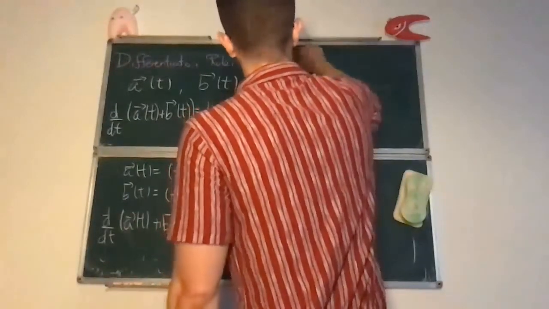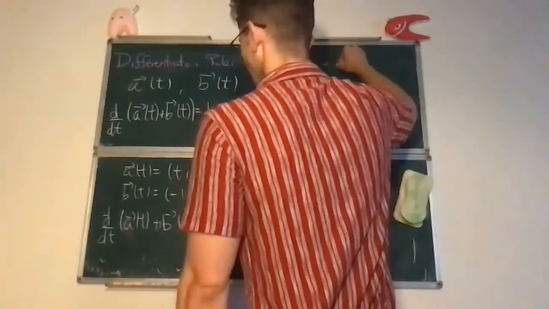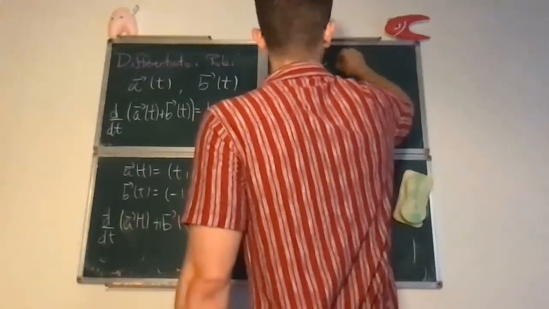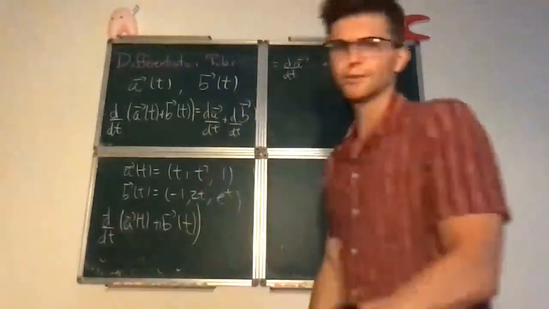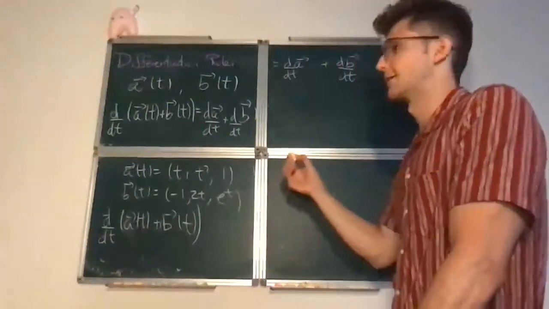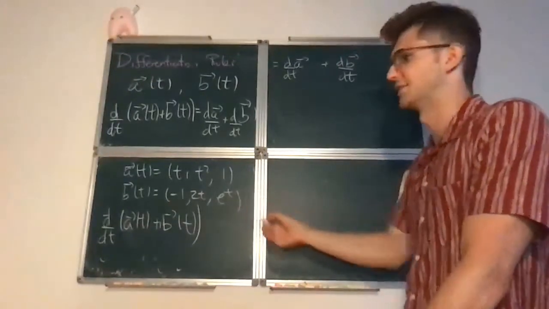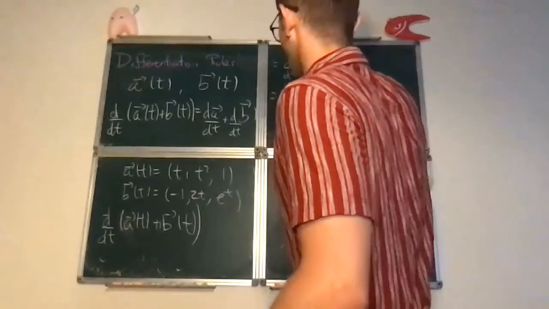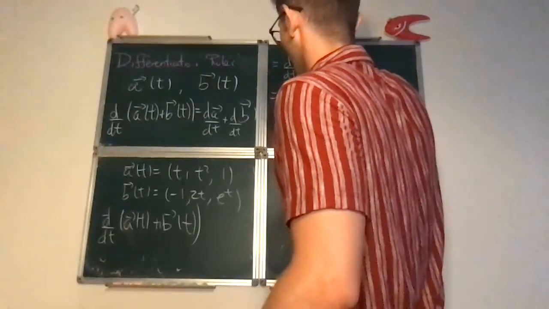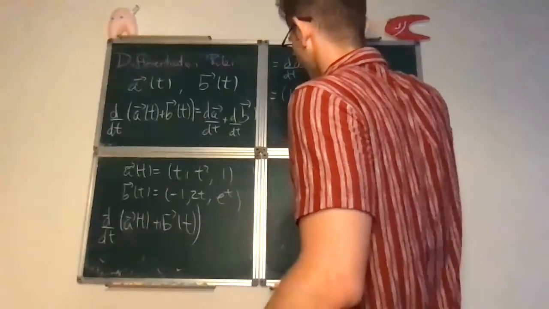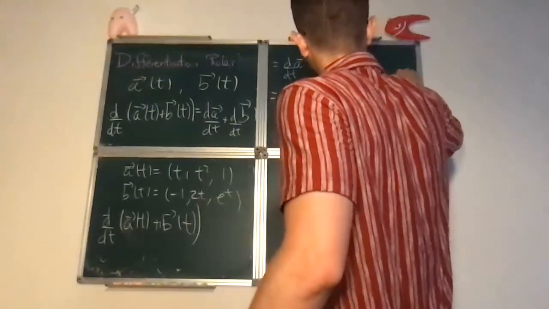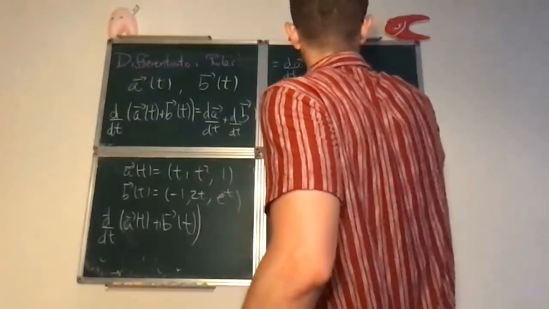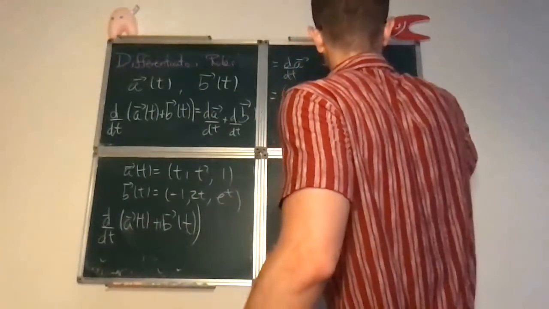The next video will actually show you why it's useful to know these rules, and it's not just as silly as this might suggest. So the derivative of the first one is (1, 2t, 0), and the other one is (0, 2, e to the t), and that's just the same as (1, 2t plus 2, e to the t).